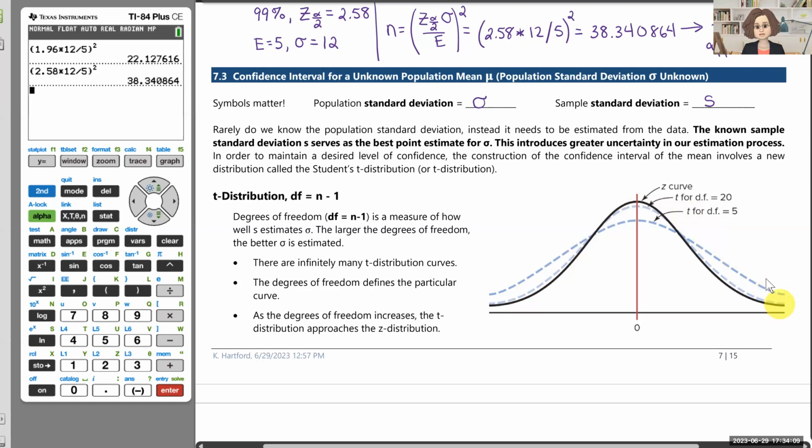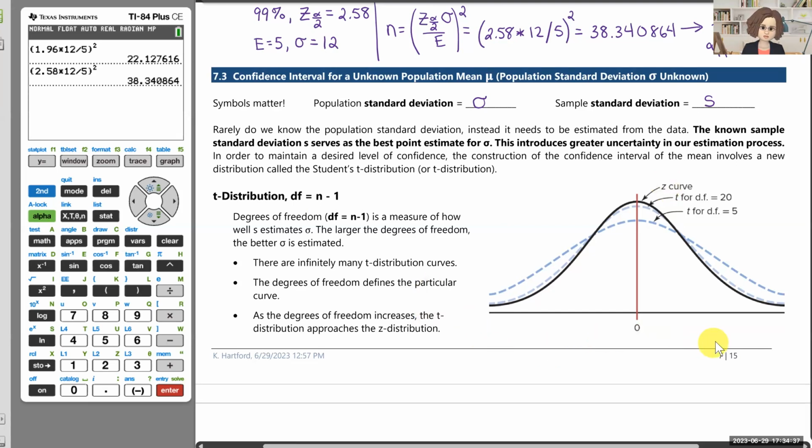So small degrees of freedom, we've got a wide distribution, big margins of error compared to Z. As our degrees of freedom gets bigger, which means we're collecting more data, then our t distribution will begin to narrow, and eventually a t distribution basically looks just like a Z distribution once your sample size gets large enough.